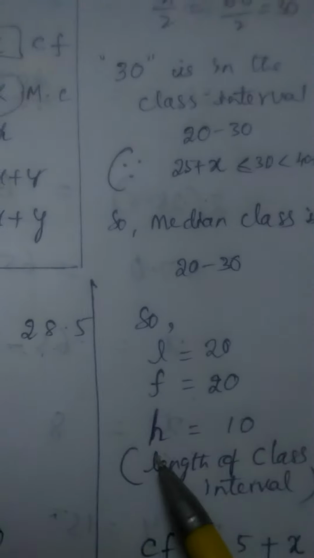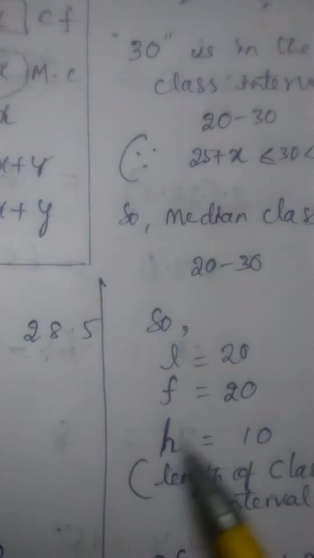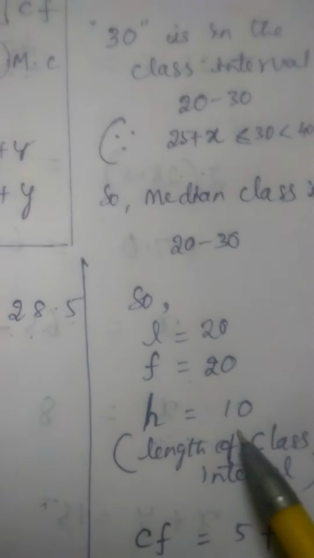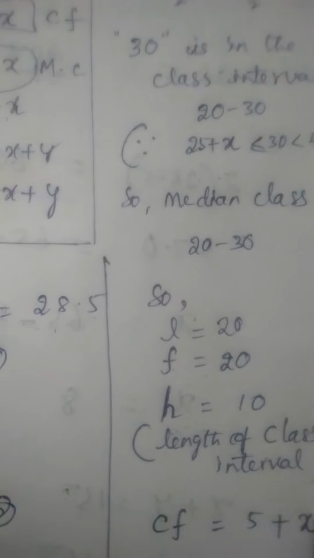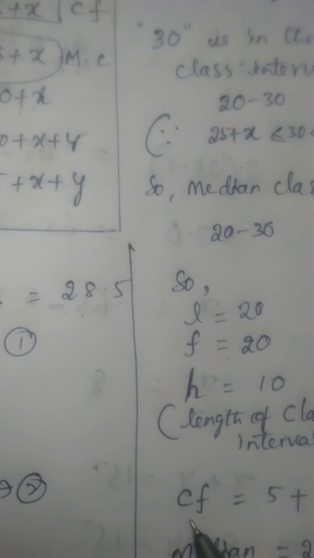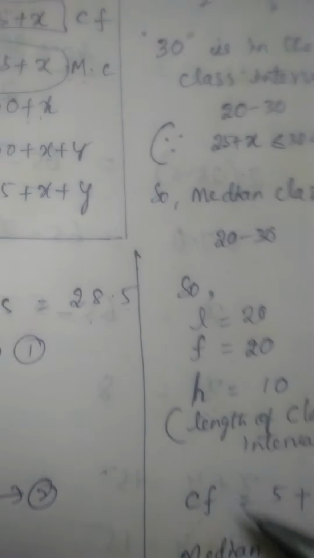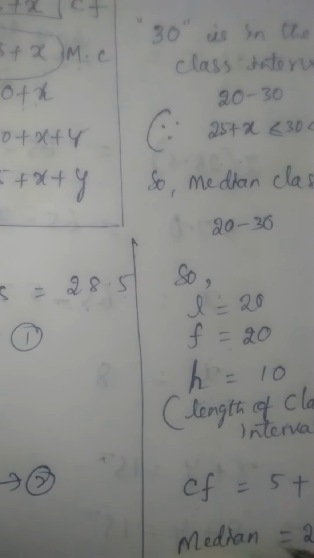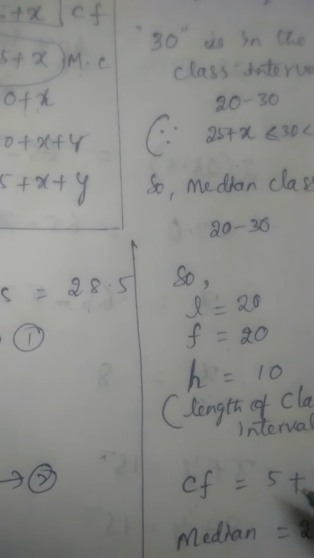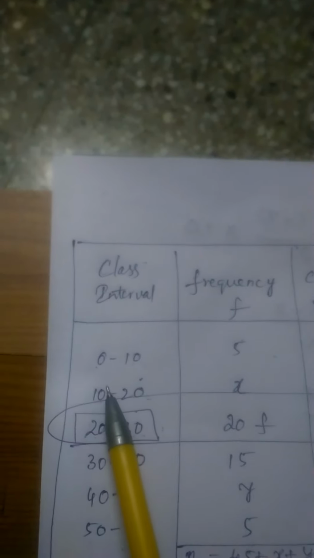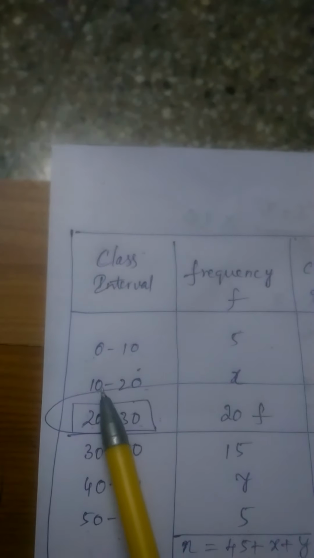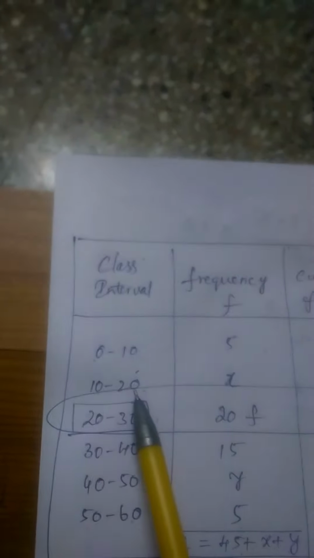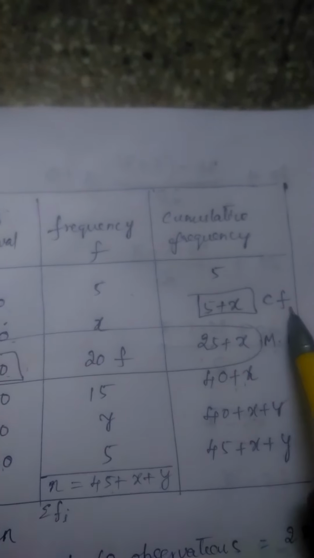H equal to 10. CF is the cumulative frequency of the previous class of the median class. This is the median class. The previous interval is 10 to 20. Its cumulative frequency is 5 plus x. This is denoted by cf.